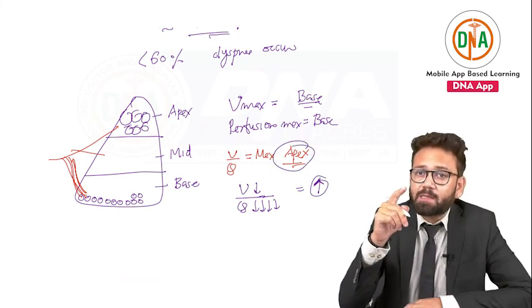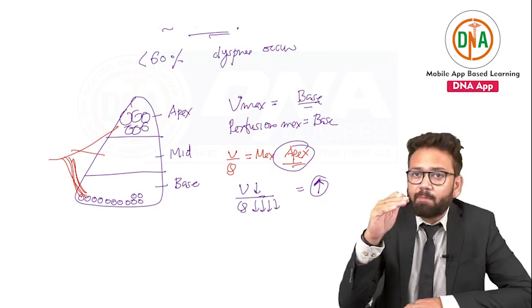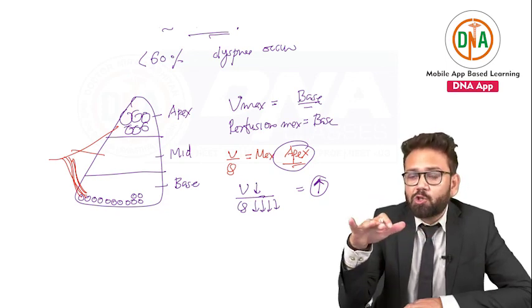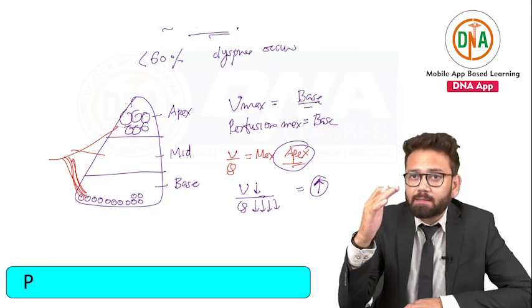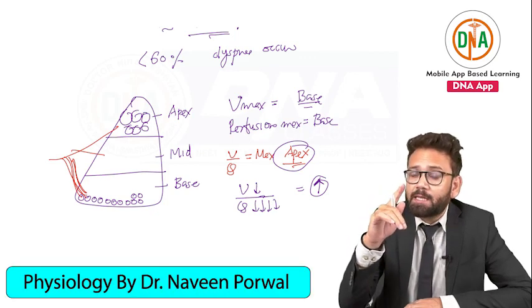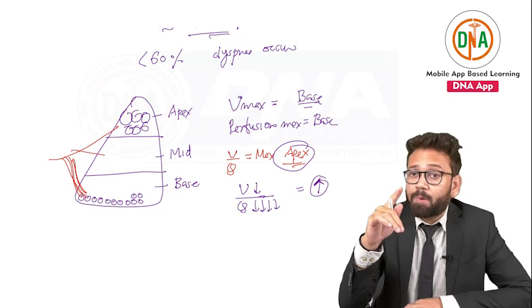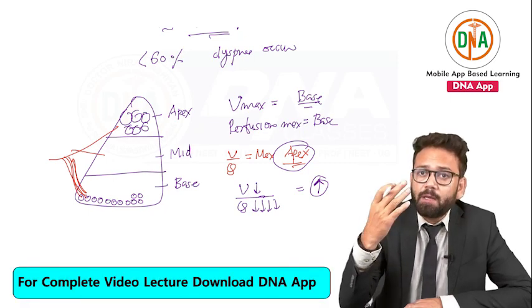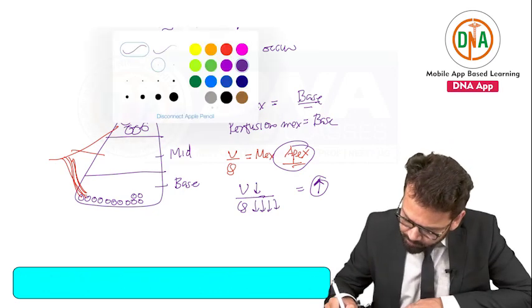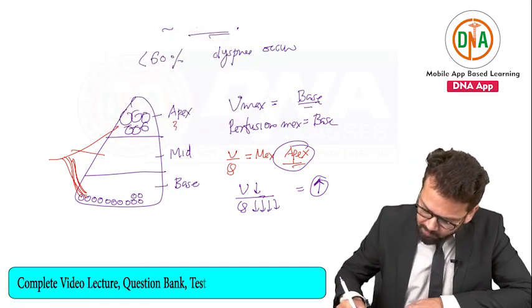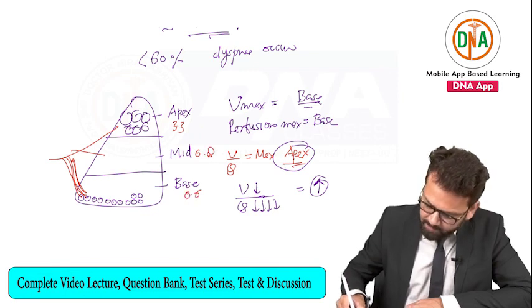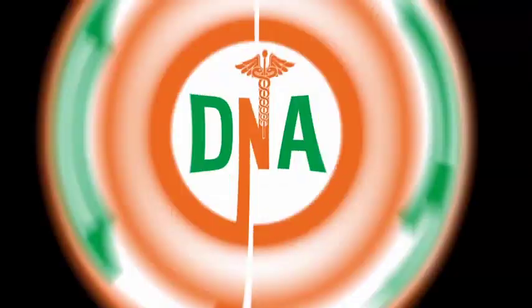So ventilation is maximum at base, perfusion is maximum at base, but the ventilation perfusion ratio is maximum at the apex. Although ventilation is less at the apex, perfusion is very much less. So the denominator is less, so the ratio will be more. And what is the value? You should remember the values: 3.3, 0.8 and 0.6.